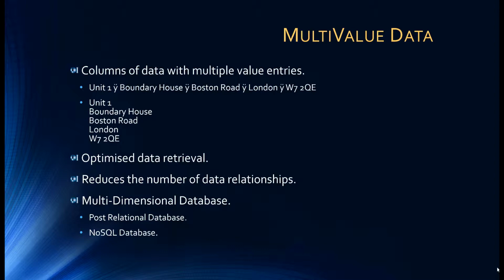Some of the structure within those databases we want to break down, particularly for web and mobile applications, and we're well suited to that. And we're also listed among a number of NoSQL databases. So we get referred to as a multi-value database, a multi-dimensional database, a post-relational database, and a NoSQL database. Essentially, it's all just multi-value as far as Revelation is concerned.